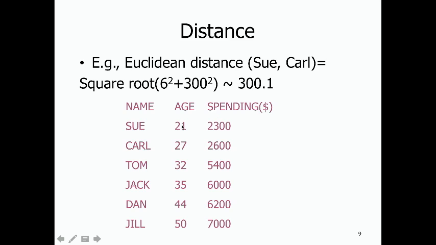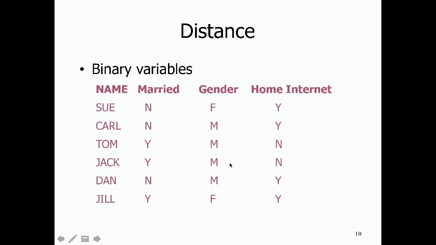This could be an issue: no matter what difference in age two customers have, it really would never affect the Euclidean distance significantly unless there's no difference at all in their spendings.